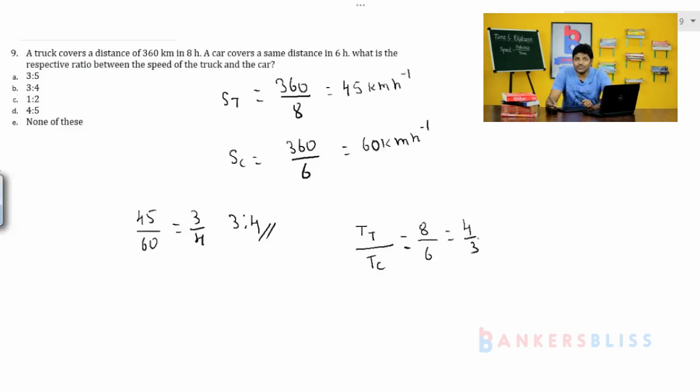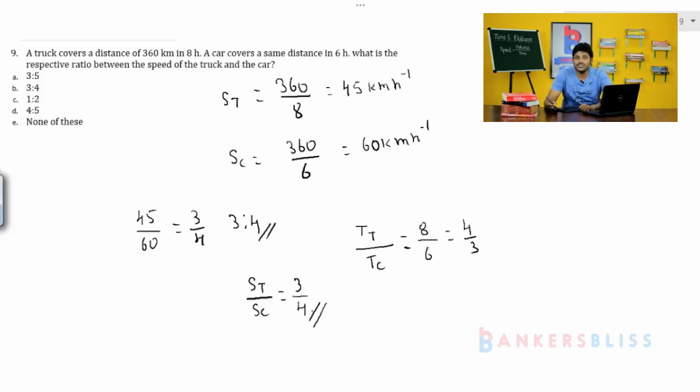Then the ratio of their speeds will be inversely proportional to their time. So, the ratio of speed of the truck and the car is inversely proportional. Inversely proportional means what? The ratio has to become its inverse. So, it will become 3:4.